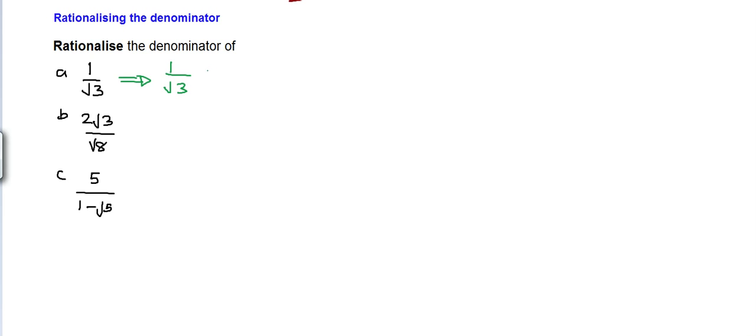So how we do that is we multiply the expression by 1, and in this case, we multiply by root 3 over root 3. Well, root 3 over root 3 is the same as 1, isn't it? So we now rewrite the expression as 1 over root 3 times root 3 over root 3. Multiply the top together, we get root 3 at the top. Root 3 times root 3 is 3, and that's your solution for that.